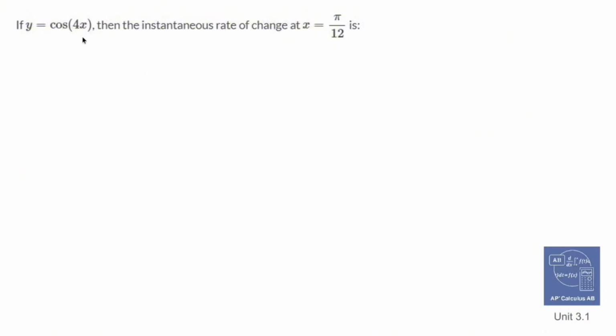If y equals cos 4x, then the instantaneous rate of change at x equals pi over 12 is... Instantaneous rate of change. What does that mean? Oh, the derivative. So what I'm going to do is find the derivative, plug in pi over 12. Ooh, this is cos 4x, not cos x.